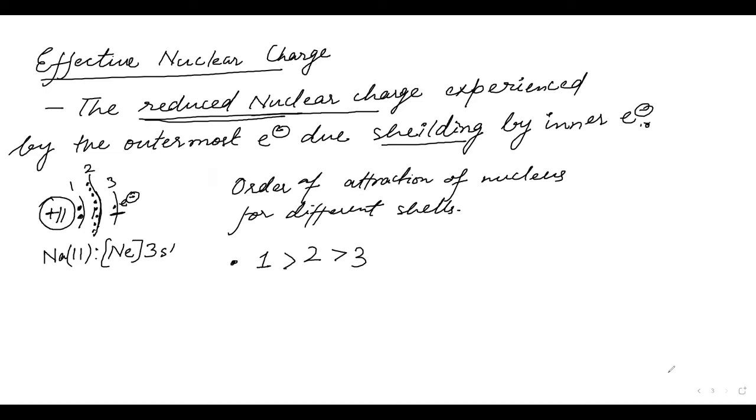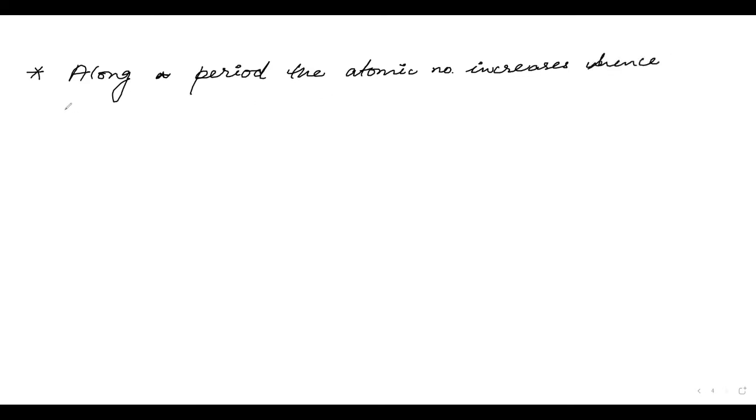Now we just have to see this attraction thing. You will tell me where the attraction increases and where the attraction decreases. I'm writing a statement along a period. The atomic number increases, hence... that is not a correct statement, I should write it like this.